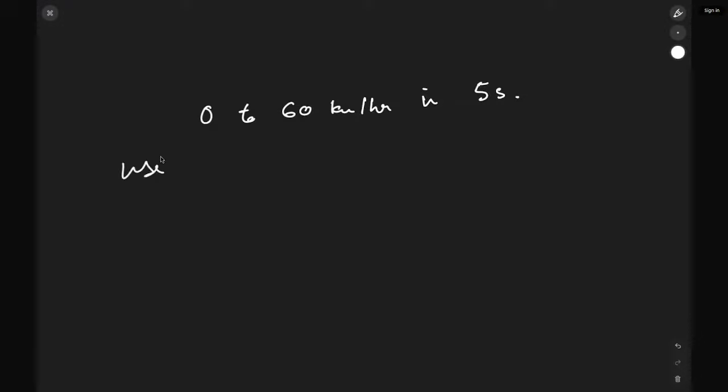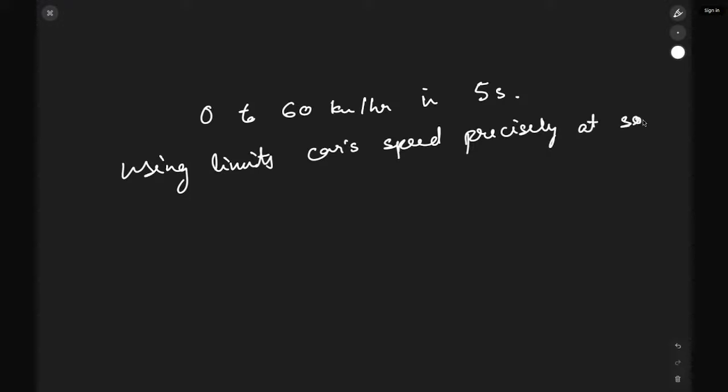Because the speed of the car is constantly changing, using limits only, you can find the car's speed precisely at some instant. So this is the whole basic idea of this thing.